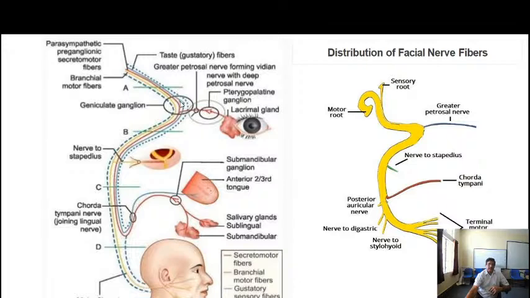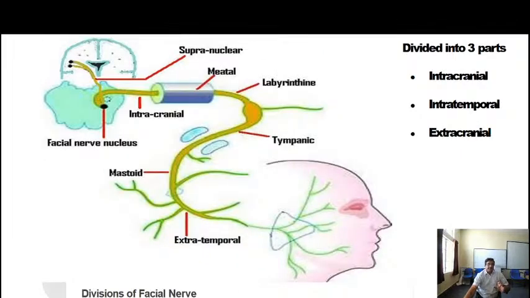Here the course of this facial nerve is divided: the intracranial part is from the nucleus to the internal acoustic meatus, and from the internal acoustic meatus it passes into the temporal bone.